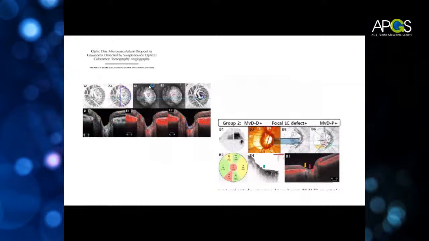And a recently published paper from Dr. found that optic disc microvascular dropout, which indicates the deep layer of vascular perfusion, is also related to mechanical LCD formation, lamina cribrosa defect.